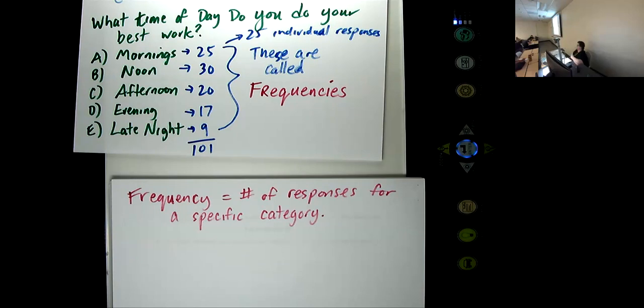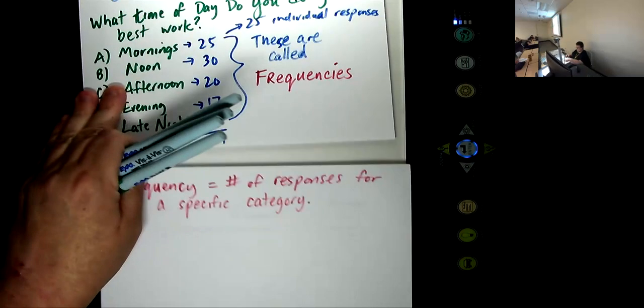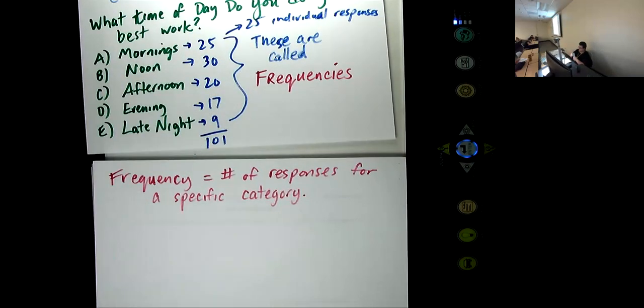If there are 25 people in the class, everybody said morning. If I had 500 students, 25 people isn't very much, right? So the 25 doesn't really give me the big picture. So when we choose something else, relative frequency is the ideal one.